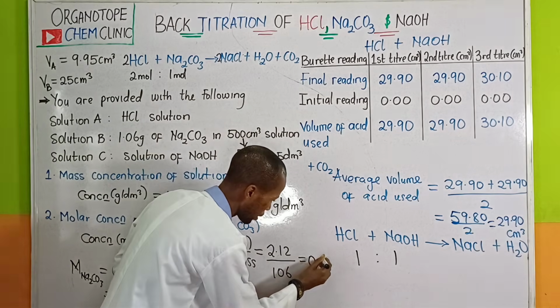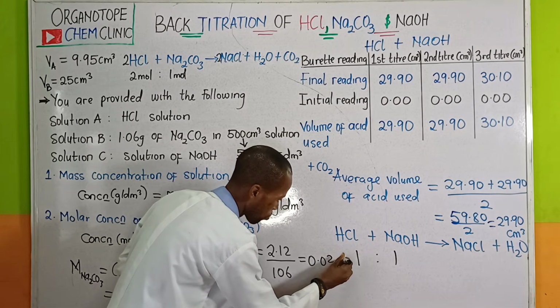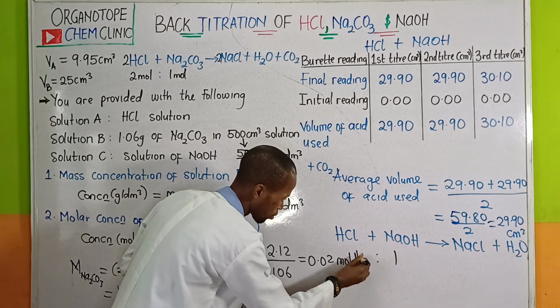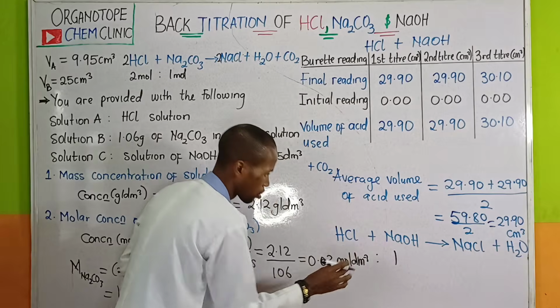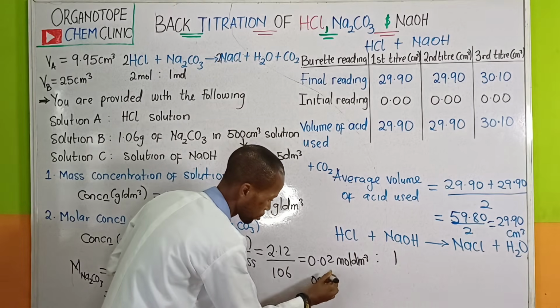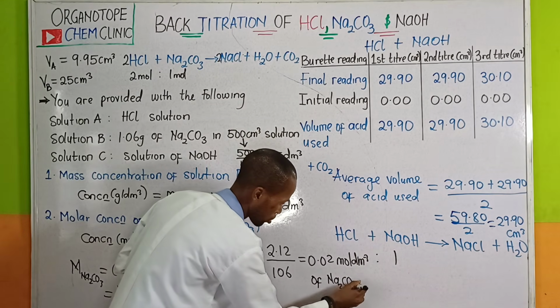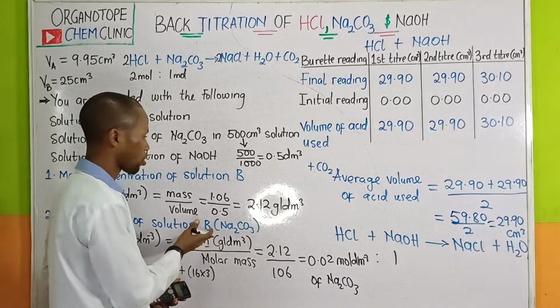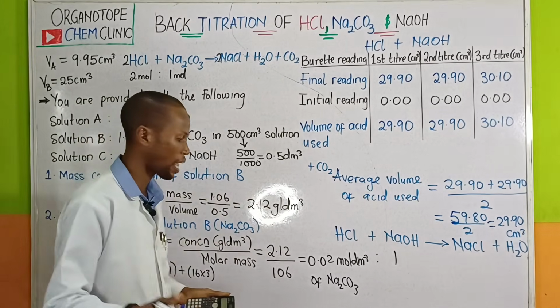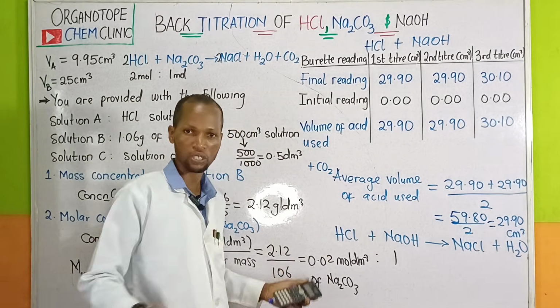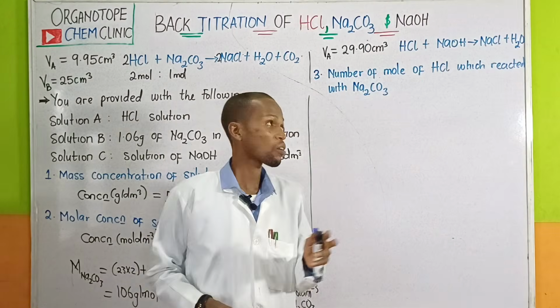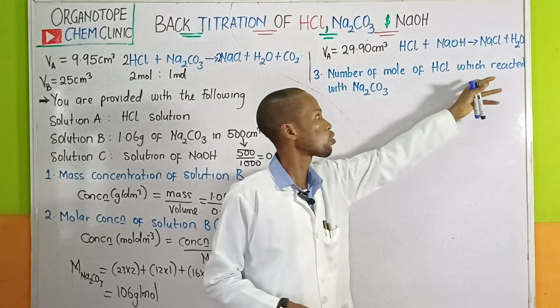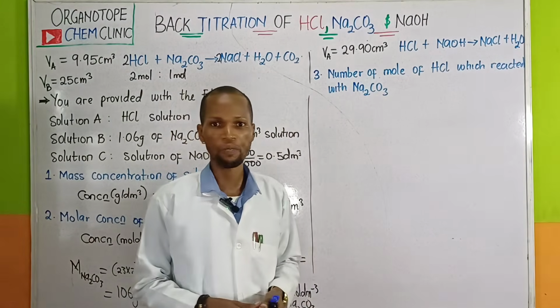This will give 0.02 mole per dm³ of sodium carbonate. So we've been able to determine the mass concentration of sodium carbonate as well as the molar concentration of sodium carbonate. Make sense? We have to calculate the number of mole of HCl which reacted with sodium carbonate.